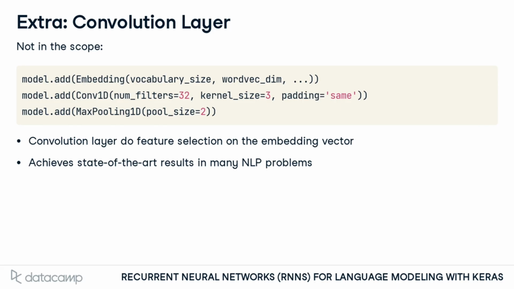In short, the convolution layers have filters that determine the output dimension, kernel size, which is the window size for convolution, and padding, which determines if the input should be padded, adding zeros around the matrix, or not. The max pooling contains the parameter pool size that determines the window to look for the max value. For more details on convolution and max pooling layers, search for convolution courses on DataCamp.